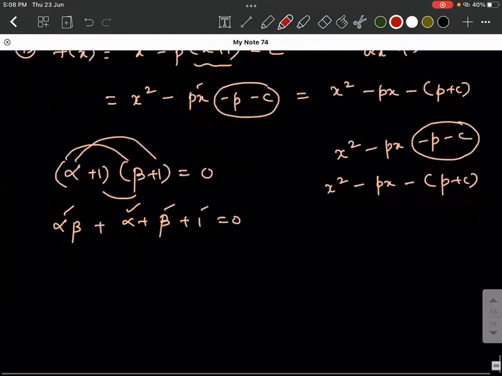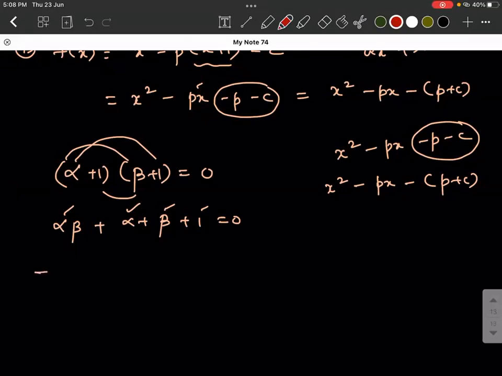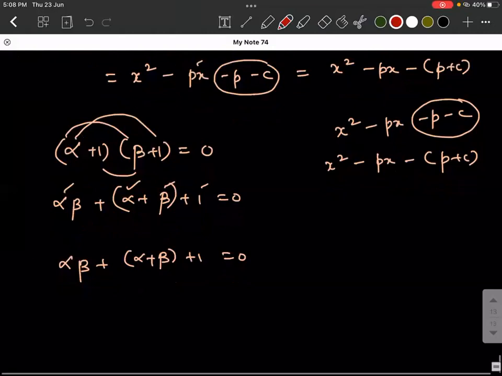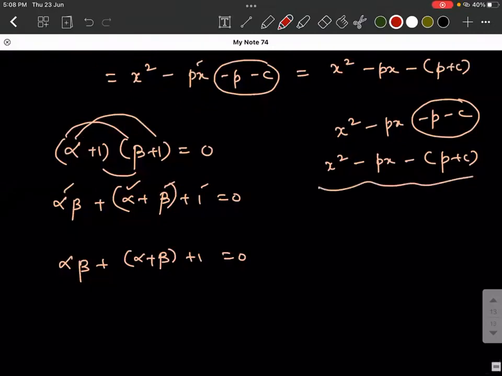Okay. So what is alpha beta, guys? Alpha beta is minus of p plus c, plus alpha plus beta is p. It is not minus p, it is plus p. Plus 1 is equal to 0. Guys, concentrate. I'm writing the step again. Listen. So this I can write as alpha beta plus alpha plus beta plus 1 is equal to 0. Correct? So what is alpha beta from this expression?